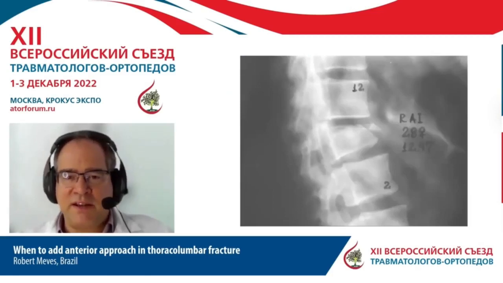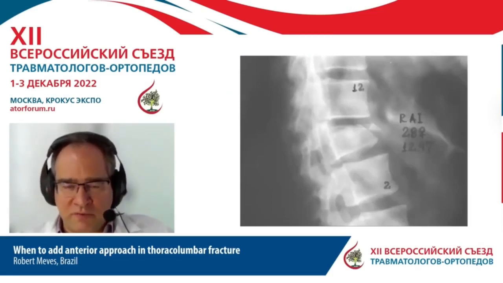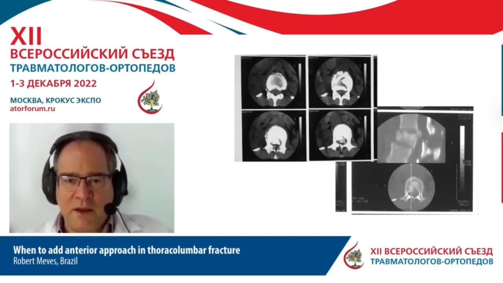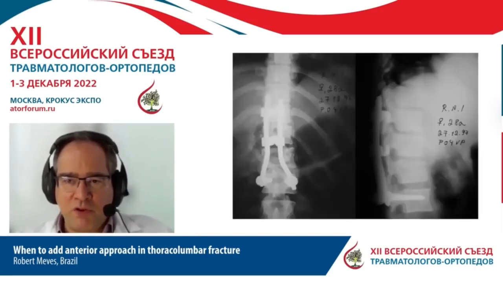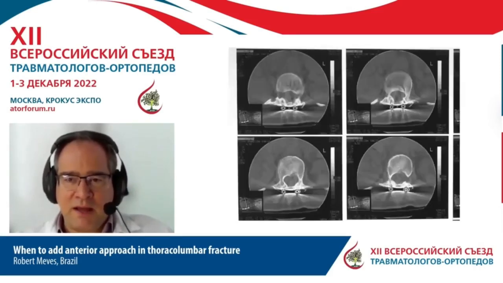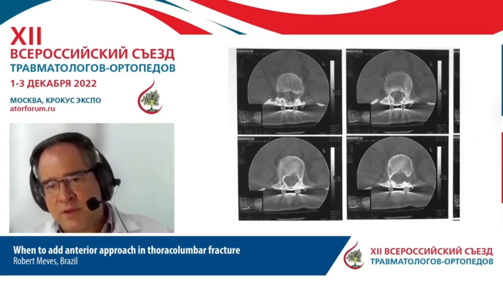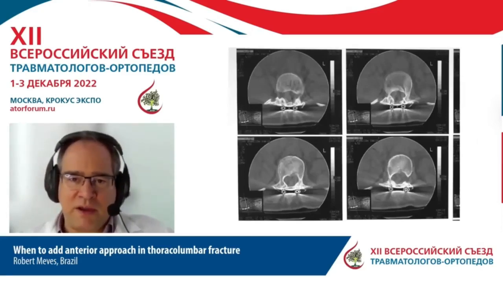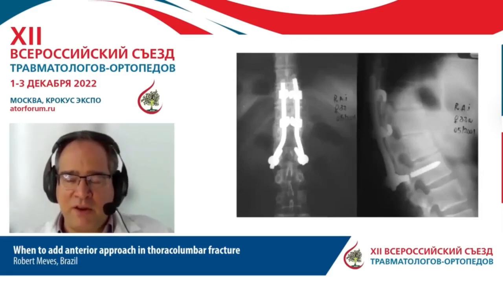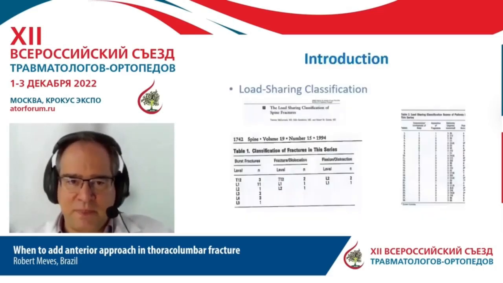For instance, in this clinical case of thoracolumbar fracture with comminution, we performed a posterior approach, but despite the compression of the spinal canal, we had an implant failure with kyphotic deformities because we didn't add an anterior approach in this patient.